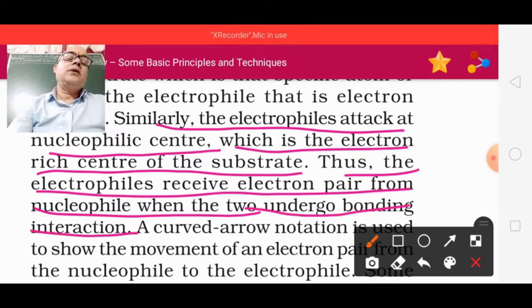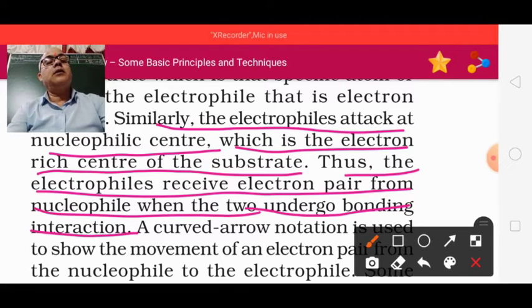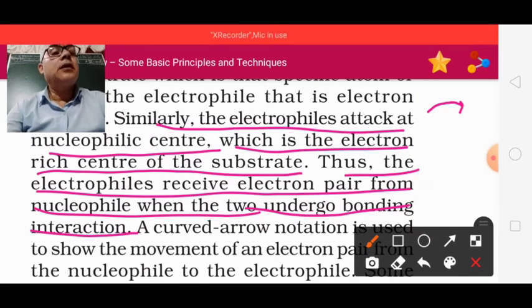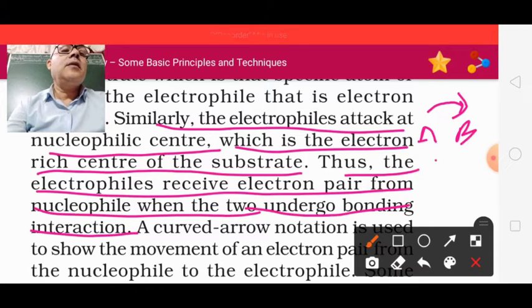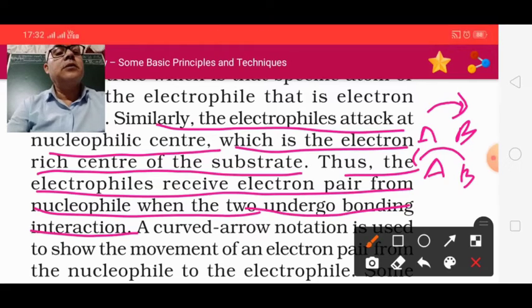Okay, student, here it is very important to know the notation of the curve arrow. If the curve arrow is made like this, it means electron transfer from A to B. And if the curve is like this, from here to here, it means electron is going from B to A. So this is a very important part, the arrow notation.